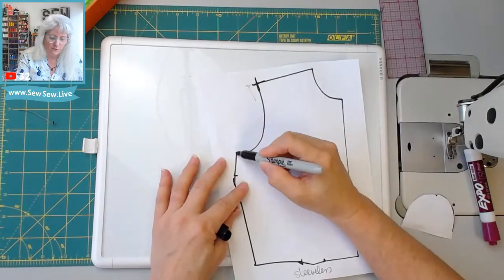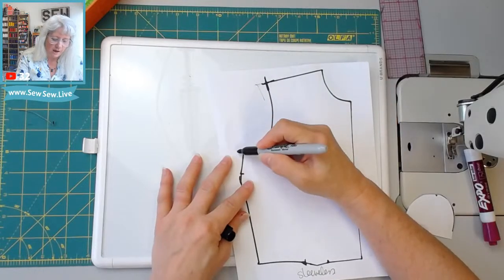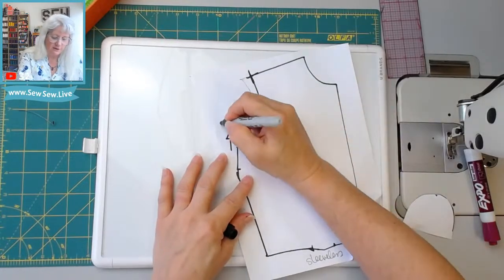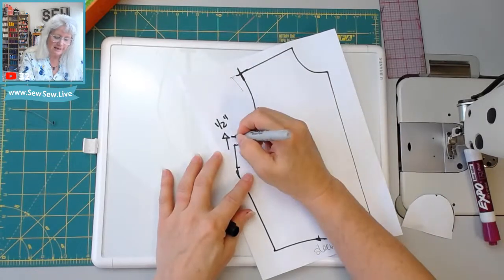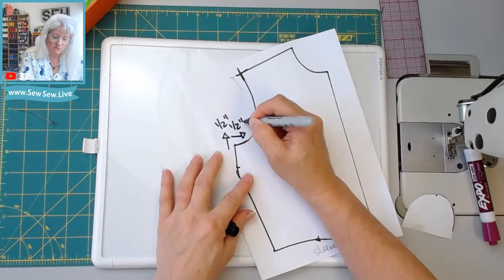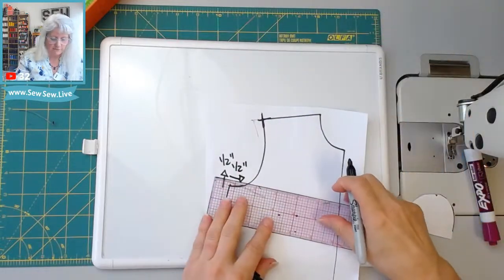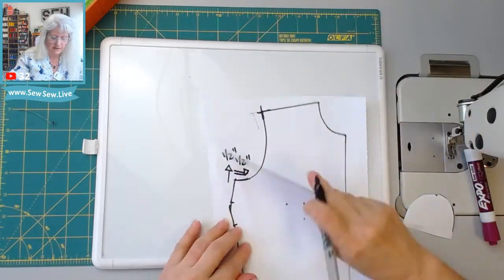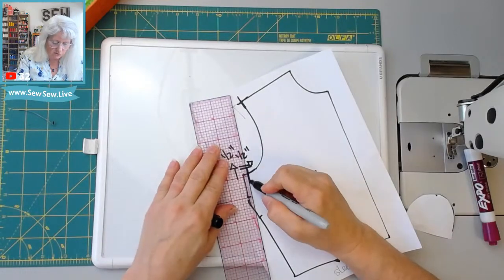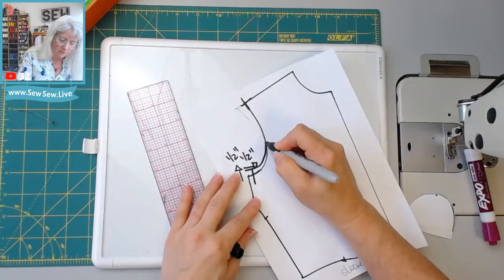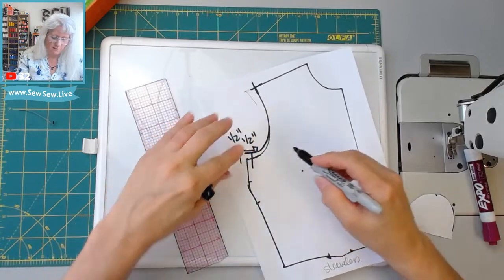And so for your armhole here, we're going to go up a 1/2 inch and in a 1/2 inch. That's it. You're going to go up a 1/2 inch and in a 1/2 inch, and then you're going to blend it in with your armhole.